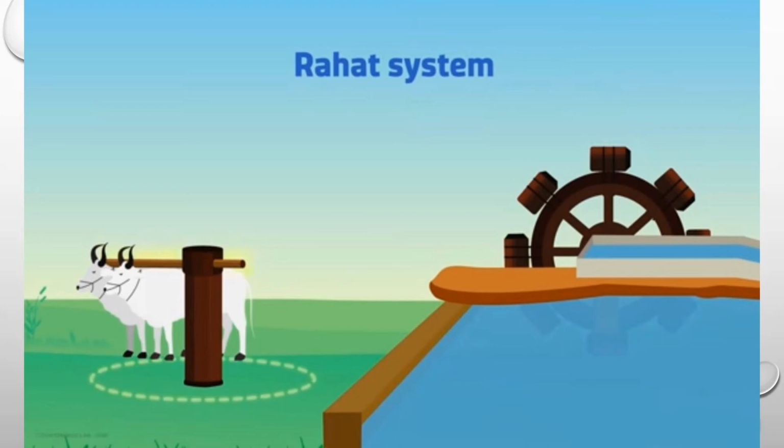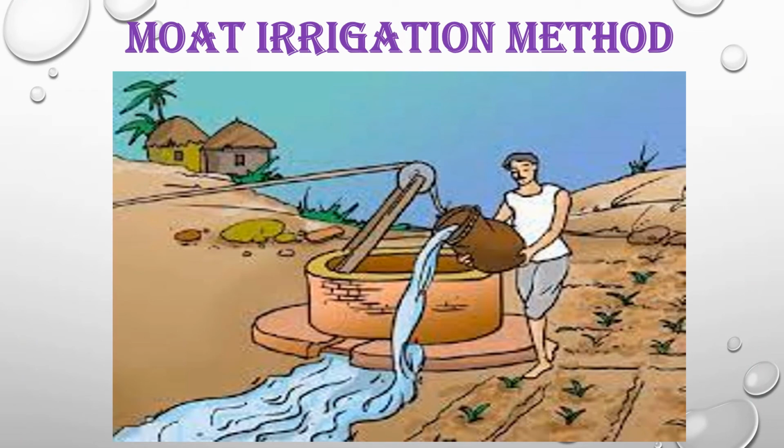Another traditional method of drawing water is a moat. Moat is used in other parts of Maharashtra for lifting well water. Now, what is a moat? It is a large leather bag tied to a rope. It is lowered into the water and when it is full, it is lifted out of the well.